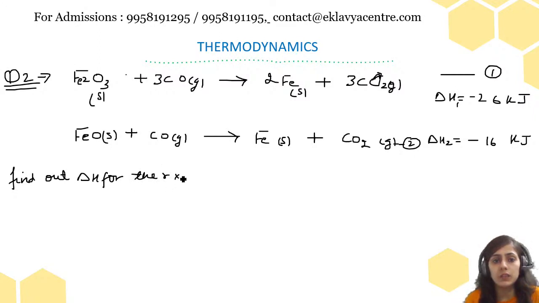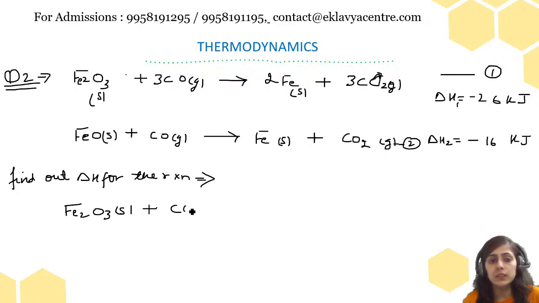Now the reaction they are giving to you is Fe2O3 solid plus CO gas gives you twice of FeO plus CO2 gas.